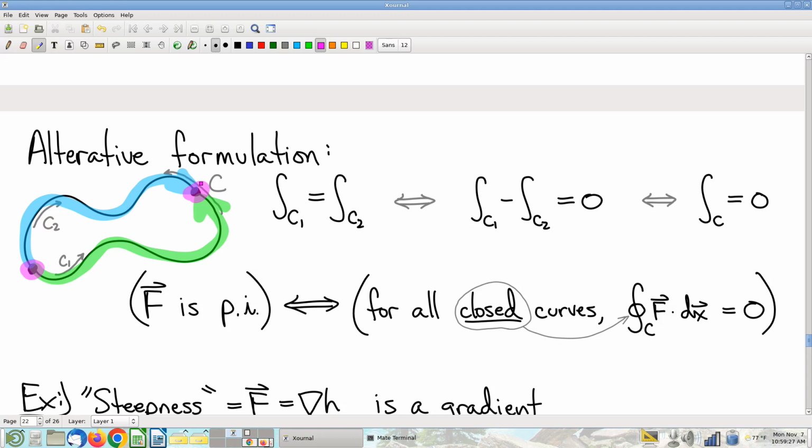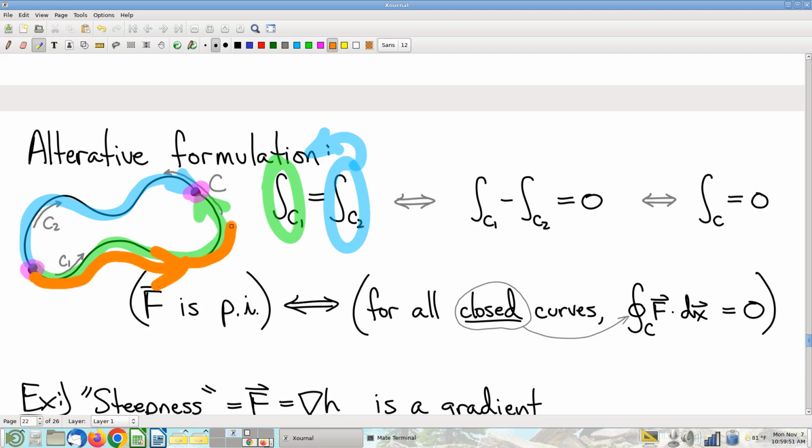If we know we have a path-independent vector field, then this is equal to that. That's what path independence means, that these two integrals have to be equal. And then just subtract this one over to the other side. Altogether, that tells you that the integral on C1 combined with the integral along C2, but wait a minute, I'm going backwards along C2.